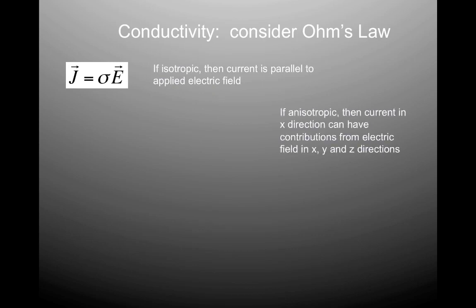Now, if the material is anisotropic, then current flowing in a particular direction, say the x direction, could have contributions due to electric field in both that direction and all other directions.